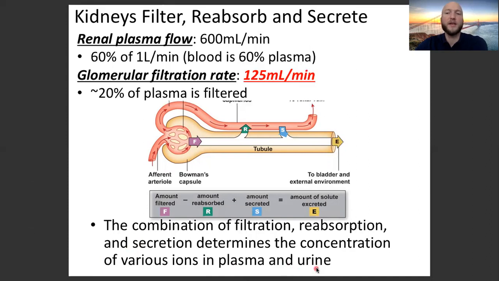So our kidneys help fine-tune what is in our plasma, the amount of water within our circulatory system, and the amount of ions within our plasma. So we need to consider the 3 processes when figuring out what becomes urine: filtration, reabsorption, and secretion.